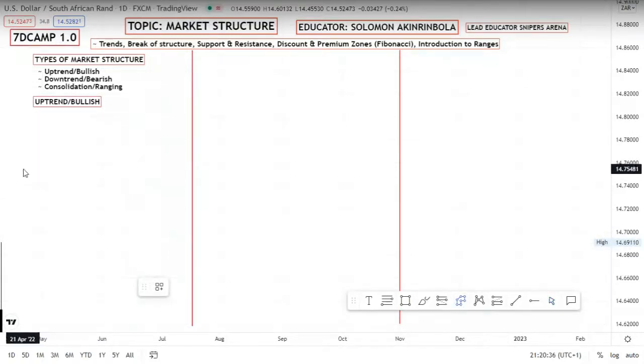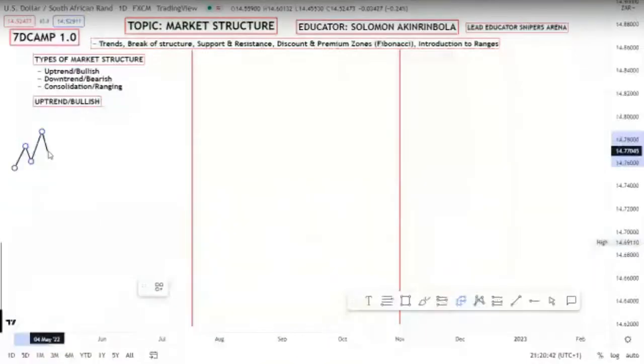All right, so when we're talking about uptrends, we're talking about something that goes in a zigzag manner. It's not compulsory. Okay, I want to do it like this. All right.